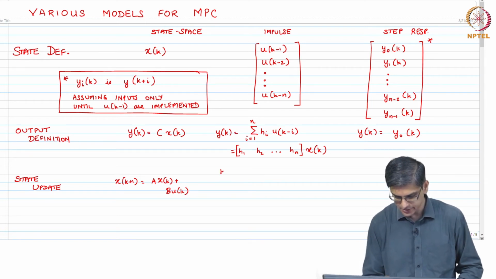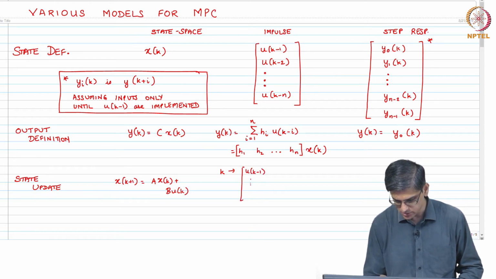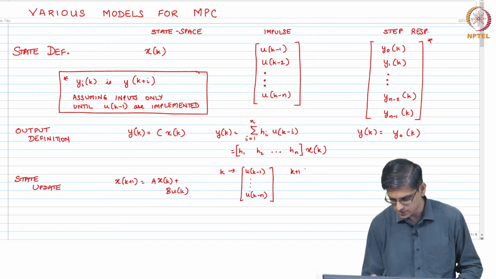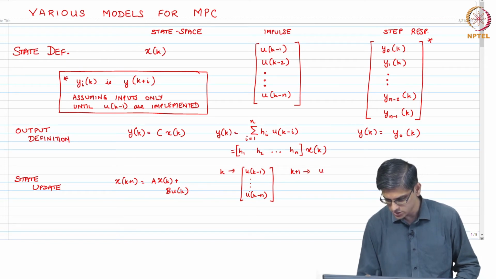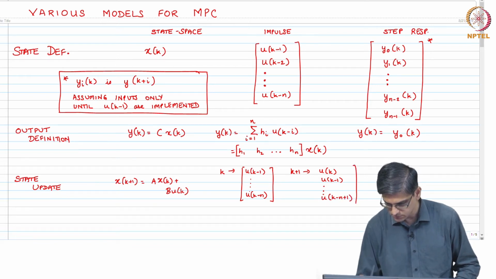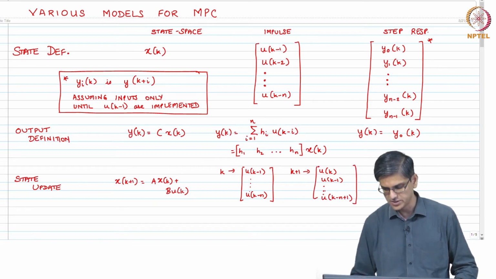At time k, the impulse response state was uk minus 1 to uk minus n. At time k plus 1, the state is uk down to uk minus n plus 1.